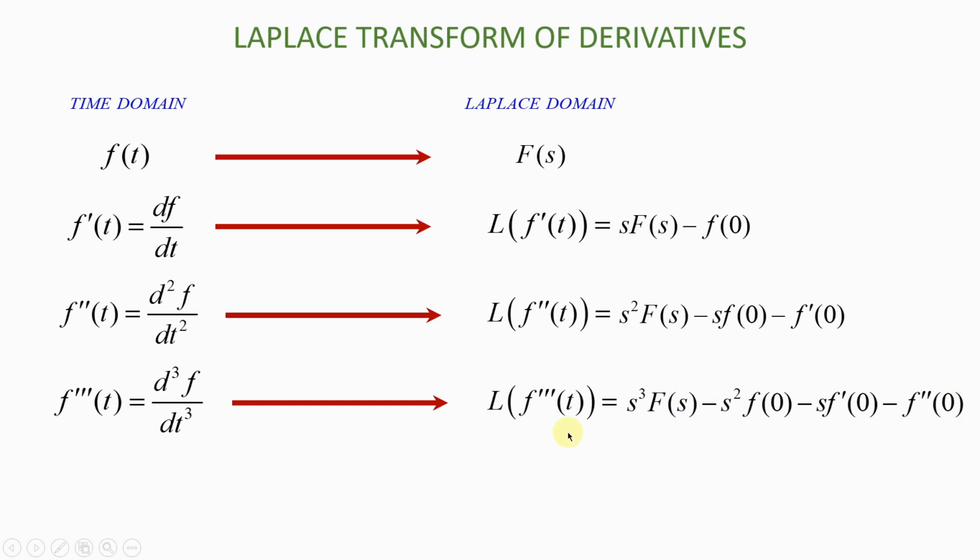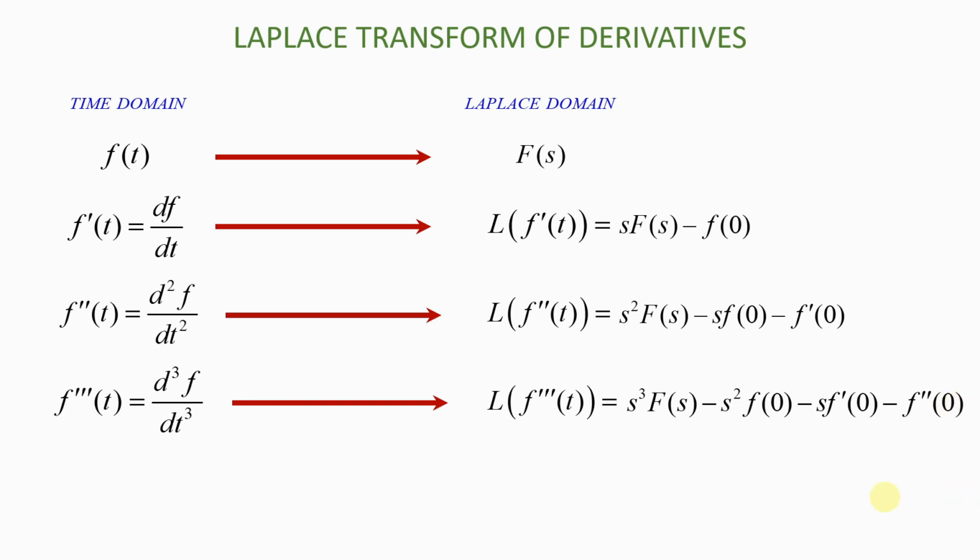And of course, you can see it's s cubed multiplied by F(s) minus s squared multiplied by f(0) minus s multiplied by f prime of 0 and then minus f double prime of 0. f double prime is just the second derivative of f with respect to t. And now you need to replace t in that expression by 0. Okay, that is f double prime of 0.